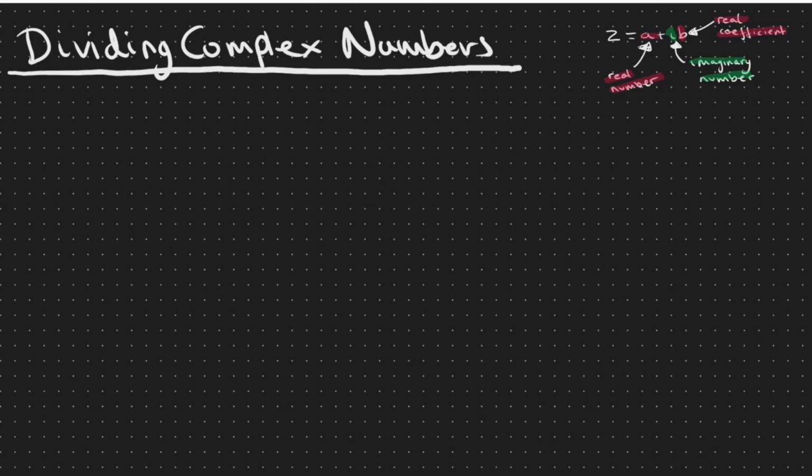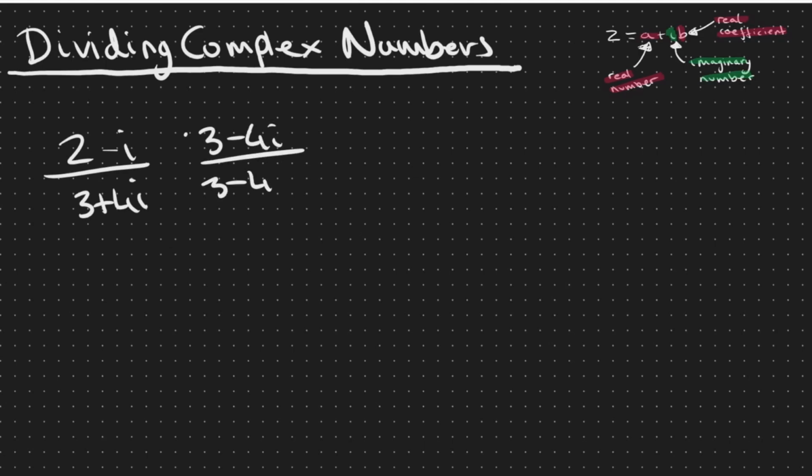Now let's try another. 2 minus i over 3 plus 4i. Please do these yourselves and then look at the answer. We're going to first multiply by the conjugate, 3 minus 4i, over 3 minus 4i, and this would be equal to, if we expand the top first, 6 minus 8i minus 3i, plus 4i squared, so that'd be minus 4.